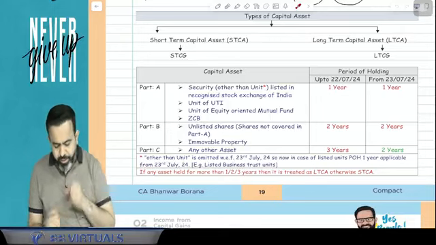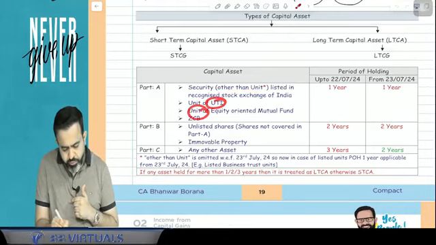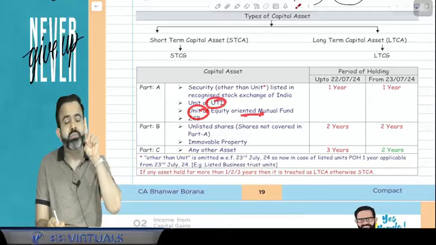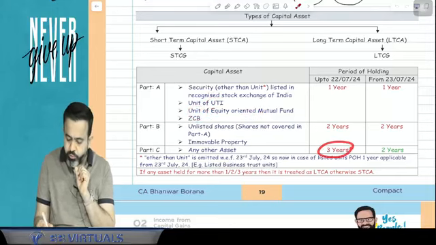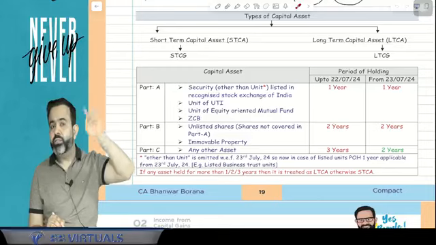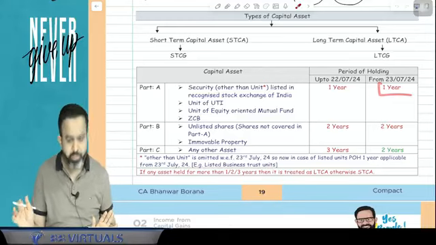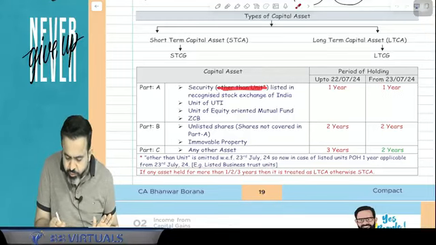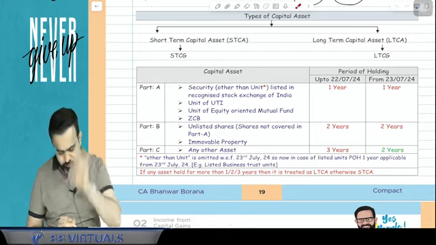Now guys, earlier, when they used the word unit, only UTI and equity oriented mutual fund units were covered here. So a business trust unit was not covered, and earlier the period of holding was 3 years. But now a listed business trust unit has a period of holding of 1 year, because they have omitted the "other than unit" wording from 23rd of July 2024. Now the second part.